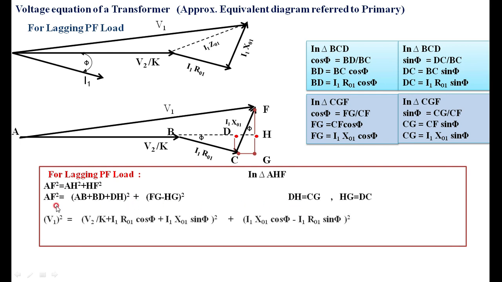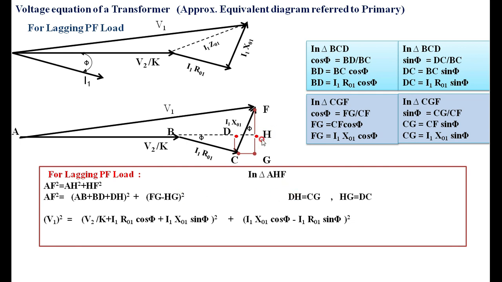That is, AF square is equal to, where EF is AB plus BD plus DH, the whole square, plus FH square, that is nothing but FG minus HG, the whole square.